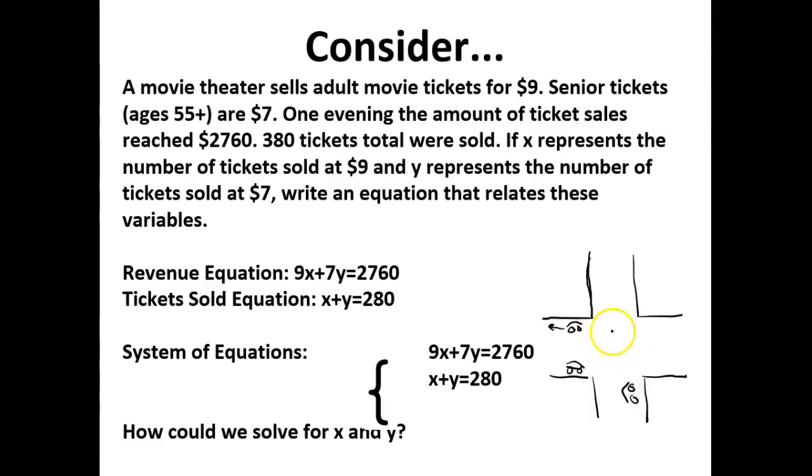And then we've got stoplights there. Cars are going in, cars are coming out. The way that these lights are set up is to actually follow a system of equations. To keep this flowing as well as possible, we want to satisfy a system of equations where some are coming in, some are coming out, and getting a total. That would be another example where systems of equations are used.